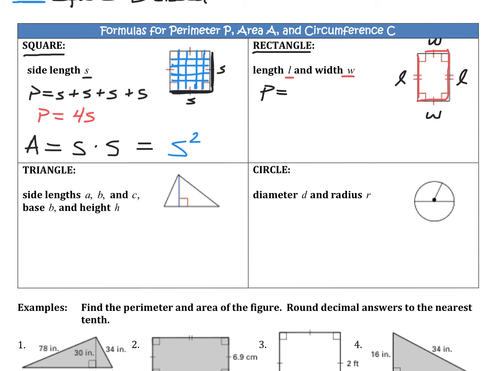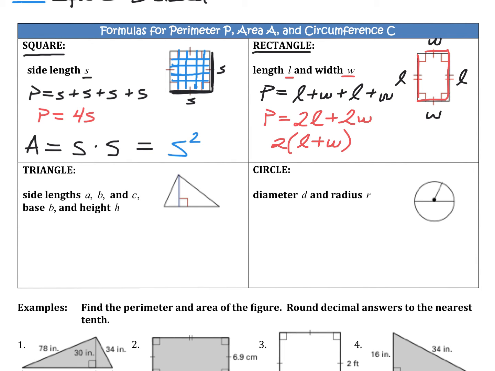So in that case, I would just have to add up all 4 sides. So it would be a length plus a width plus a length plus a width. Now we can simplify that a little bit and just say that my perimeter is going to be 2 times a length plus 2 times a width. Or you could actually rewrite it as 2 factored out and add your length and your width together.